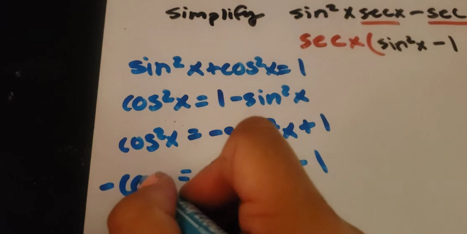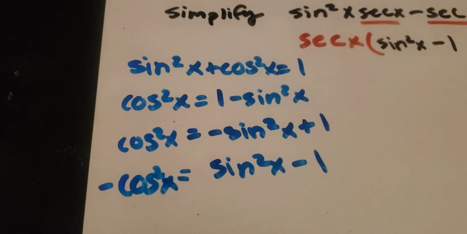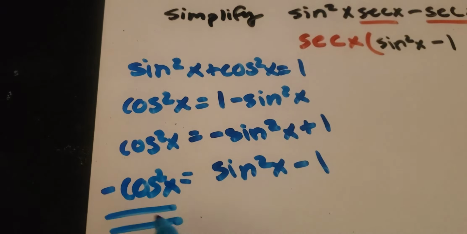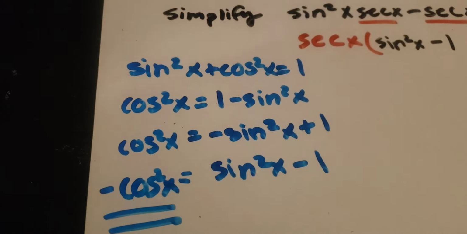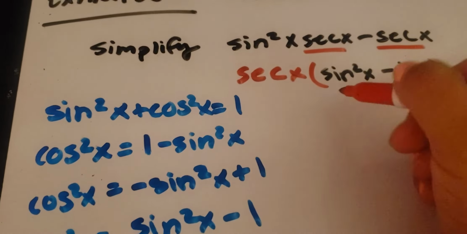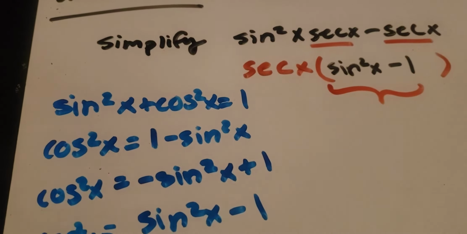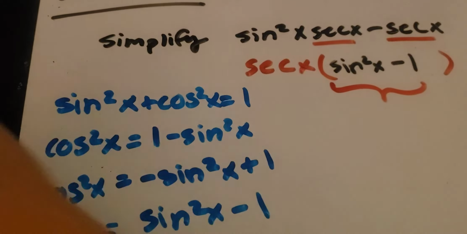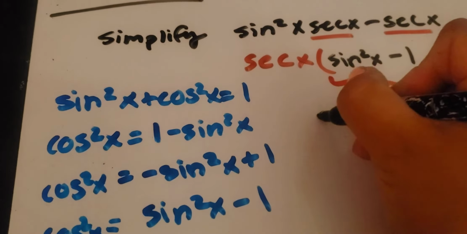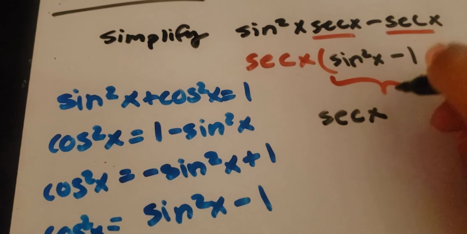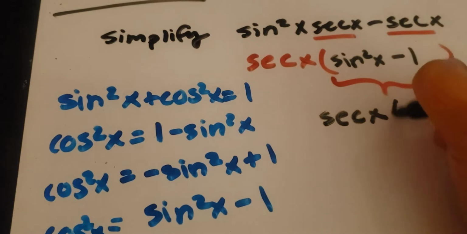So now this is cosine squared of x. So I can now simplify this to negative cosine squared of x. So this is now secant of x times negative cosine squared of x.